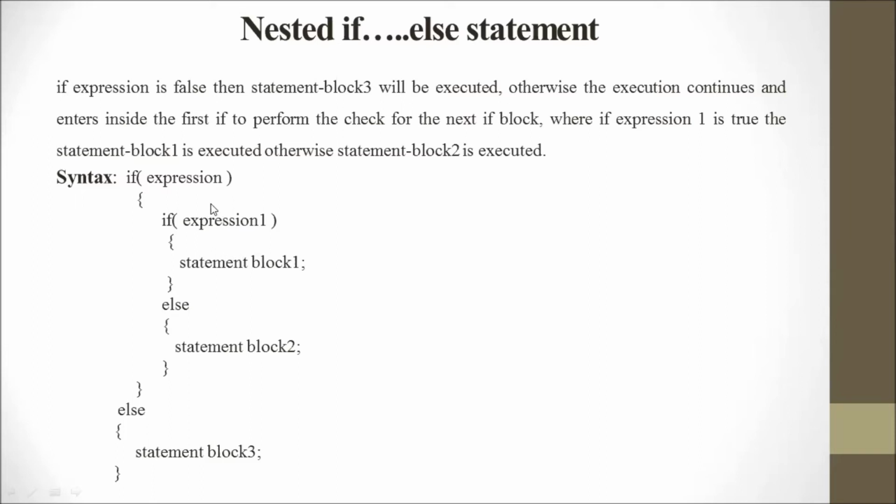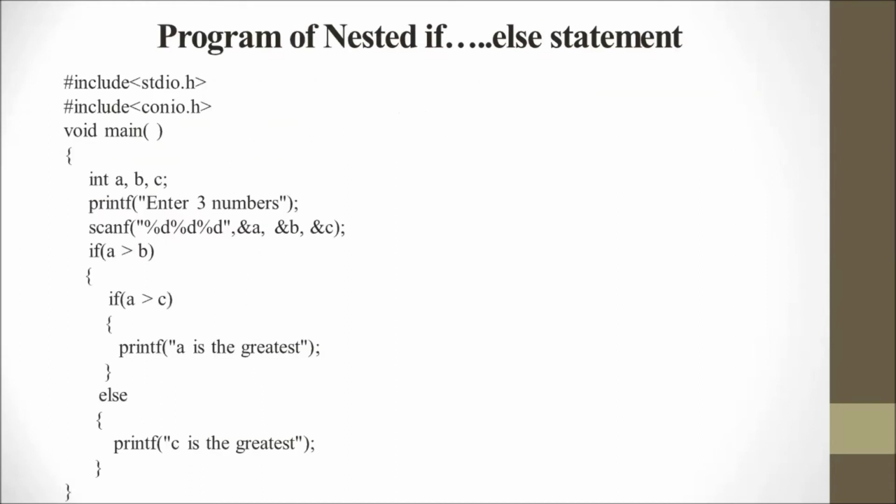If this condition is false, the else part will be executed. Suppose the outer if expression is false, the control passes to the else part. This is the outer part, not the inner part. So if this outer condition is false, the control passes to the else part and the third block will be executed. So here is an example of the nested if else statement.